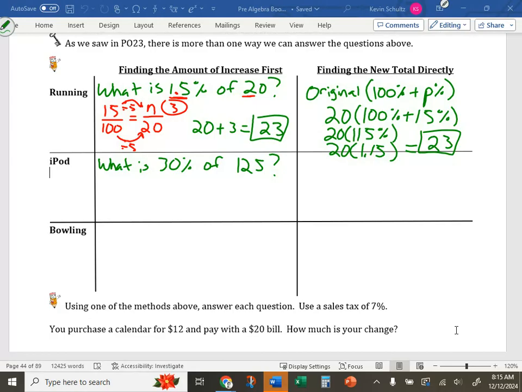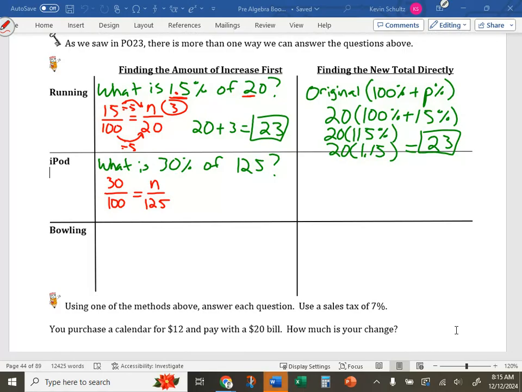So using the fraction method here, 30% is 30 over 100. We want to know how much that is out of 125. Not a great scale factor to get from 100 to 125 here, so what's the other method we can use to solve a proportion?